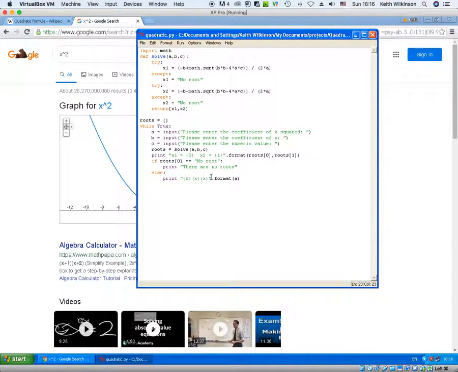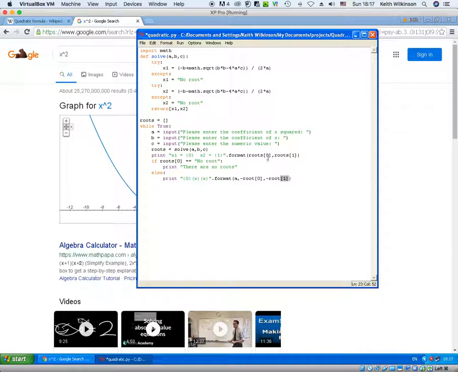So we did notice that it was the opposite of the root that we got. I can just negate that by doing minus root 0 and minus root 1.